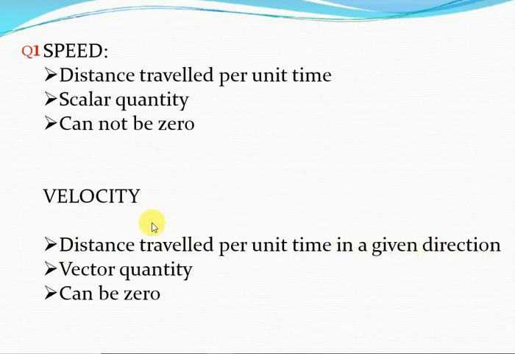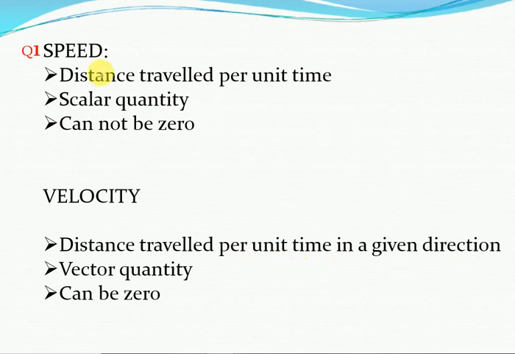See, velocity is displacement traveled per unit time, but here I have used the word distance because I have mentioned in a given direction. Distance in a given direction itself is known as displacement. So here you can also write displacement traveled per unit time.